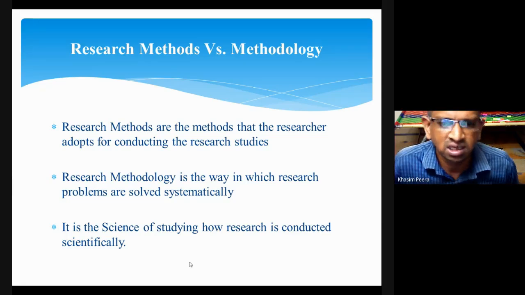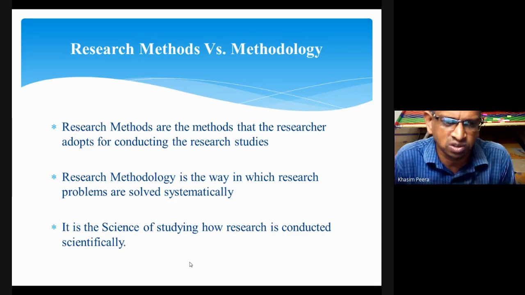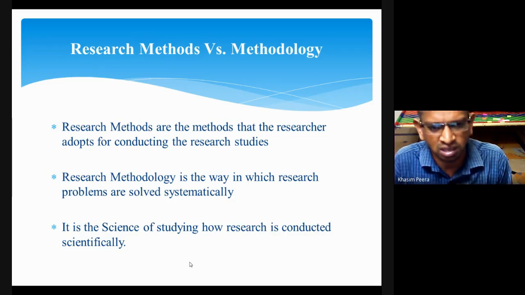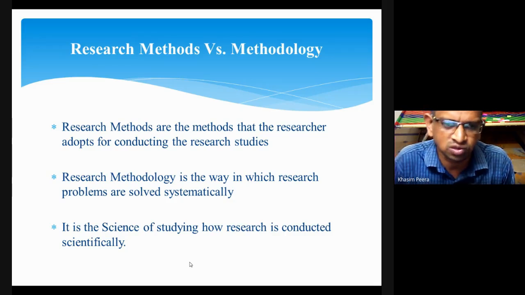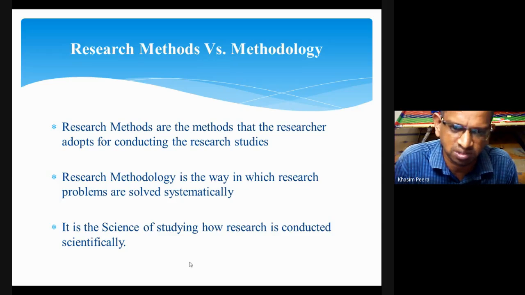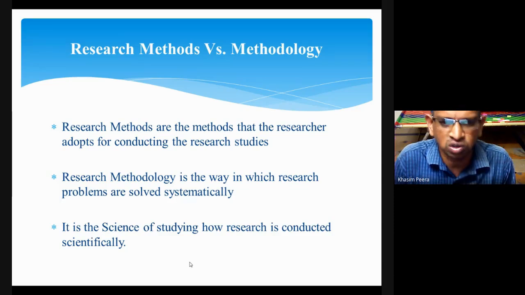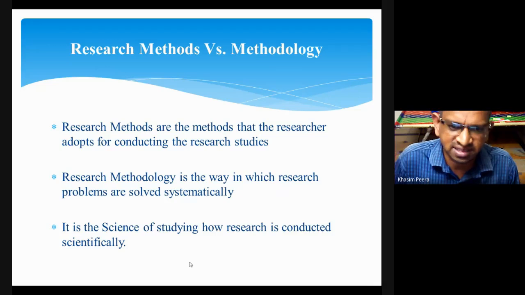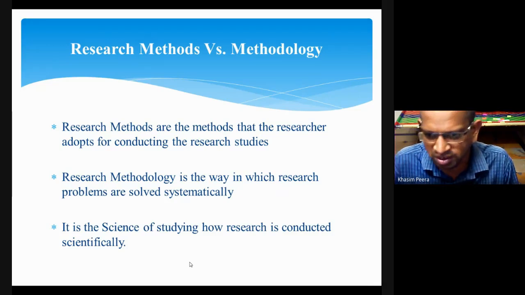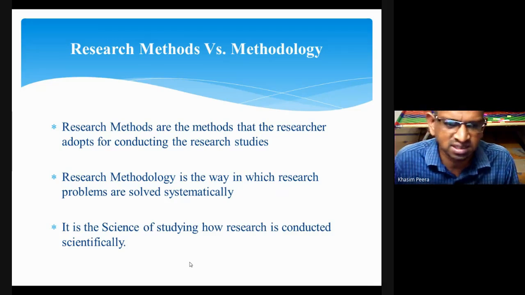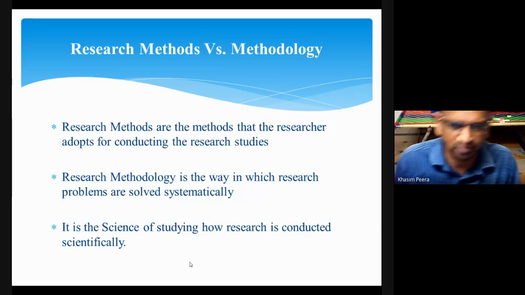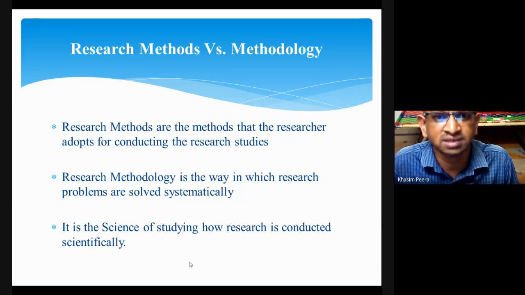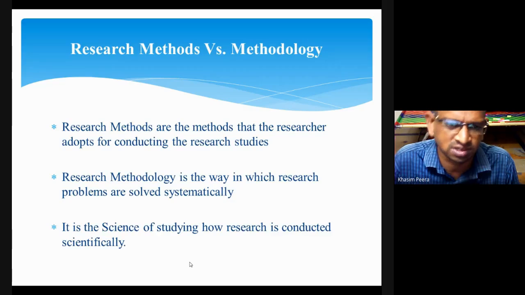That means there are different ways of doing research and finding the objectives, which are analyzed and implemented with some techniques and solved systematically. It is the science of studying how research is conducted scientifically. So research methods and methodologies involve the implementation of tools.